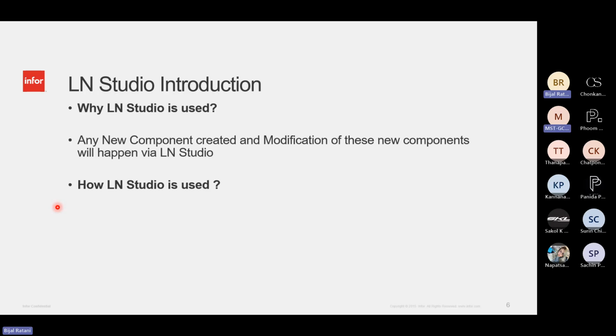To get components from the development server for your development, or to update those components back to the development server, we need to establish a connection between LN Studio, which is my client, and the LN development server, which is my server. In simple terms, we are establishing a connection with the development server.